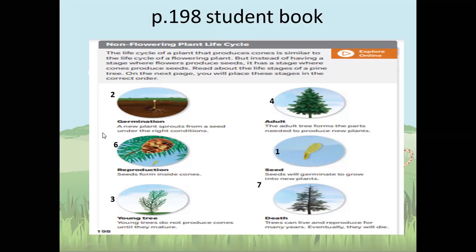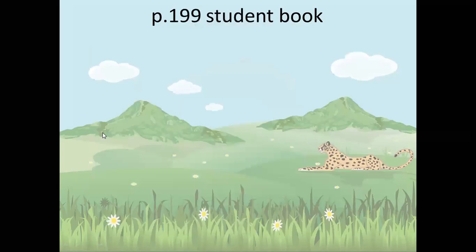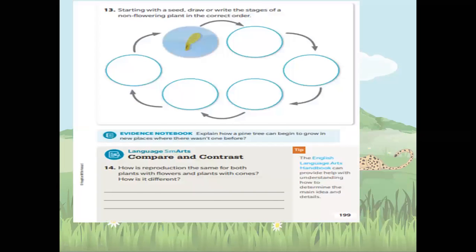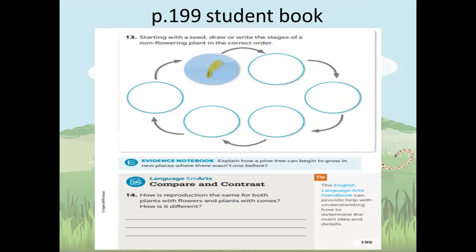If we order those stages in a cycle, in page 199, we start with the seed, then this seed will germinate, and after germination it will form a seedling or young plant, and then adult, and then reproduction or spreading of seeds out of the cone, and eventually it will die.